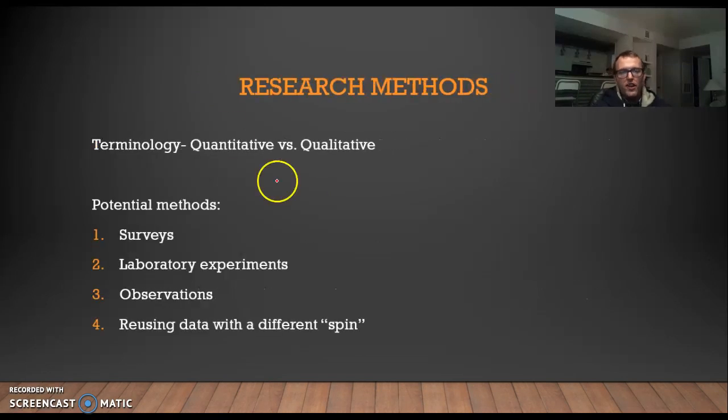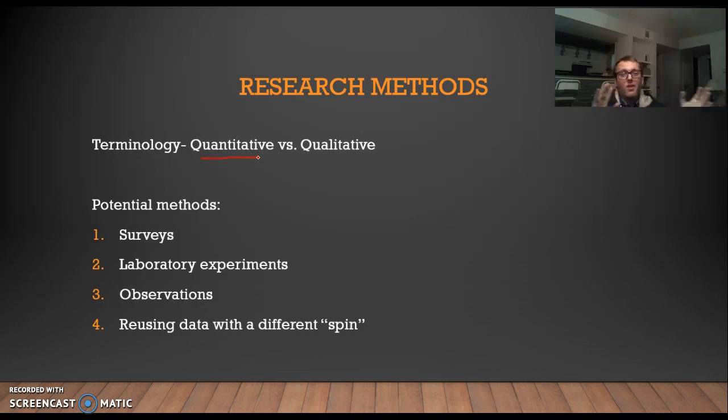It's not qualitative. So the research methods here, we're going to go over this because it's important to be able to do experiments. Quantitative data is data with numerical value, and so we can compare it in a great way because we have definite finite numbers that we can compare.